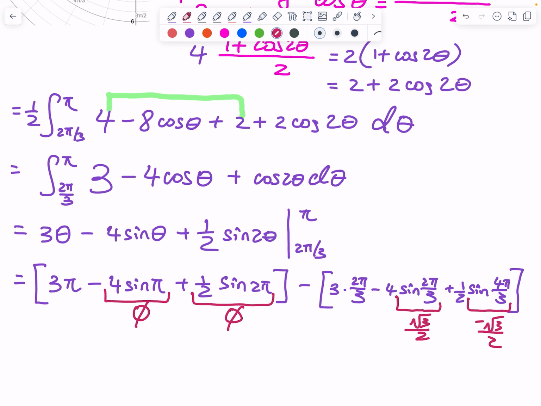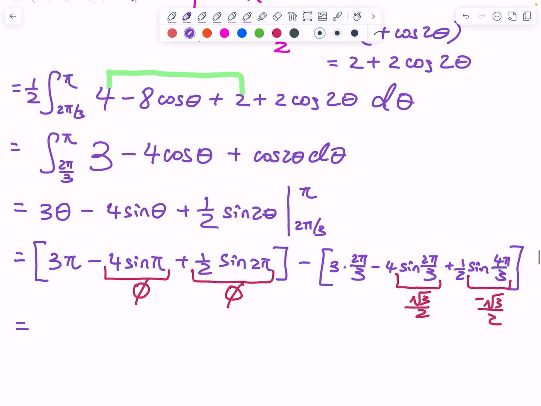Wow, what do we have? I have a 3 pi from the first bracket, and then you have a distribution. Don't forget that you have a distribution: minus 2 pi, and then plus 2 root 3, and then minus, minus plus, that will be a plus.